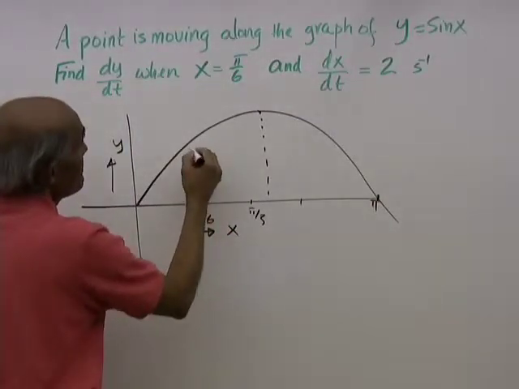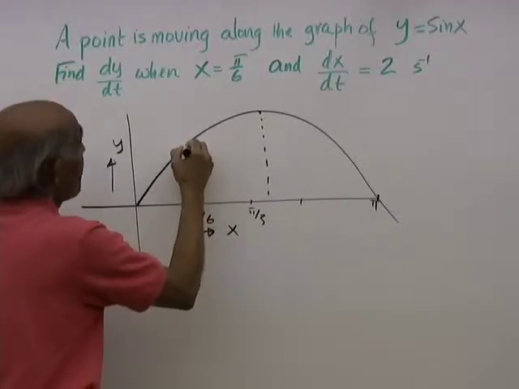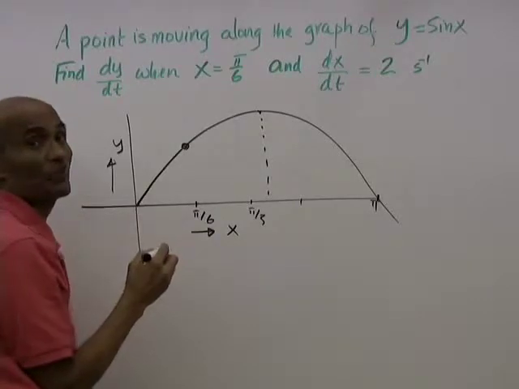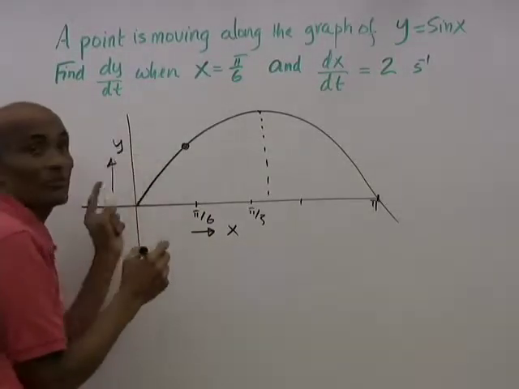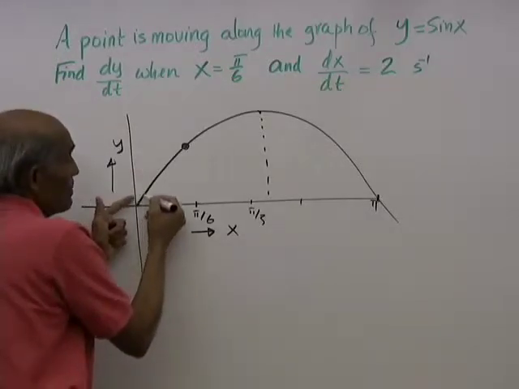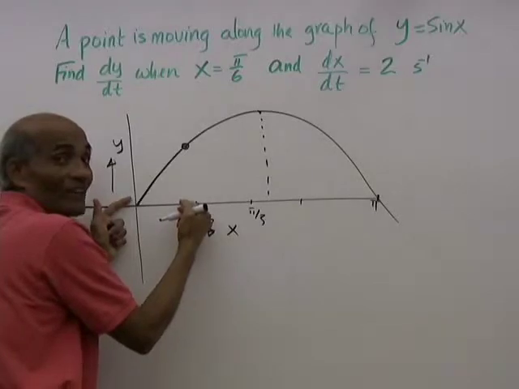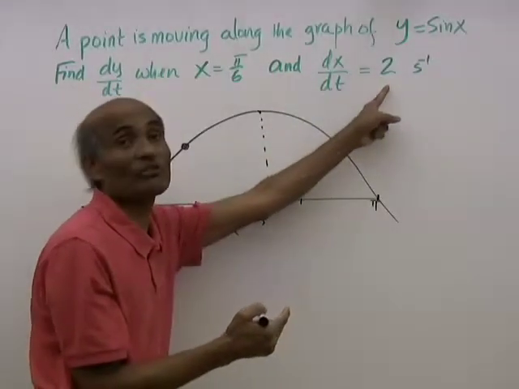Well, we are given that x equal to pi by 6, so the point is over here. We need to find the rate at which y changes. You can see as the point moves along, y changes and also x changes. Now, we are given the rate at which x changes.